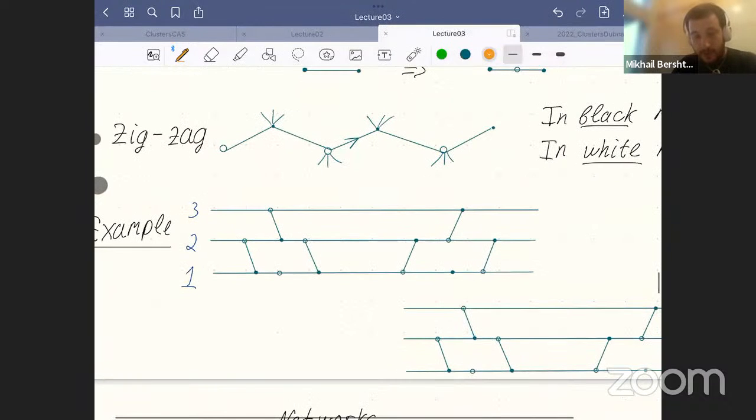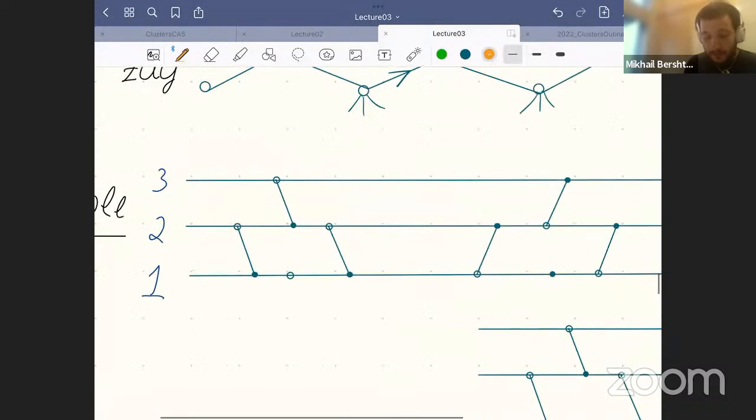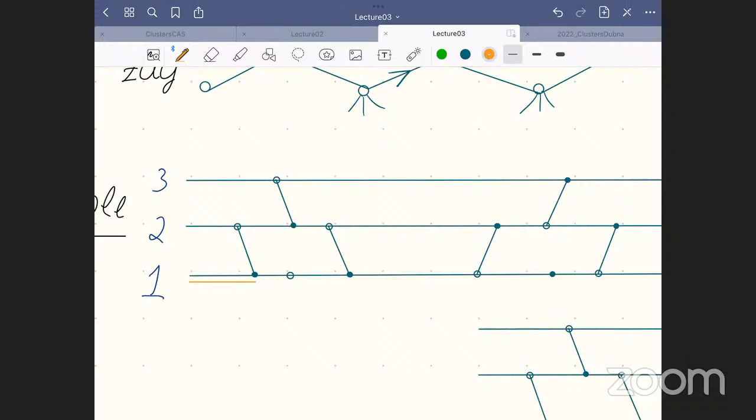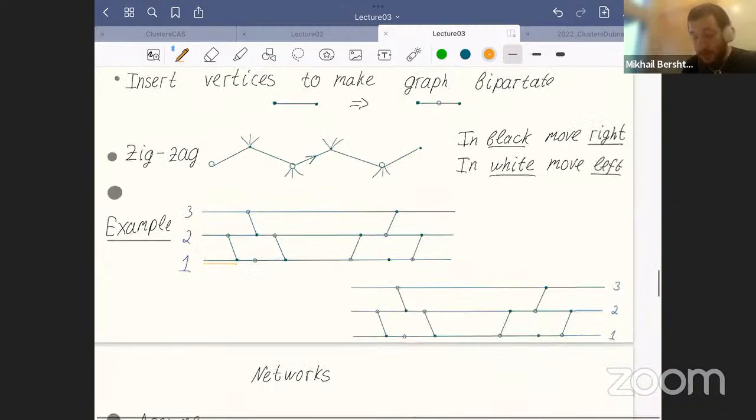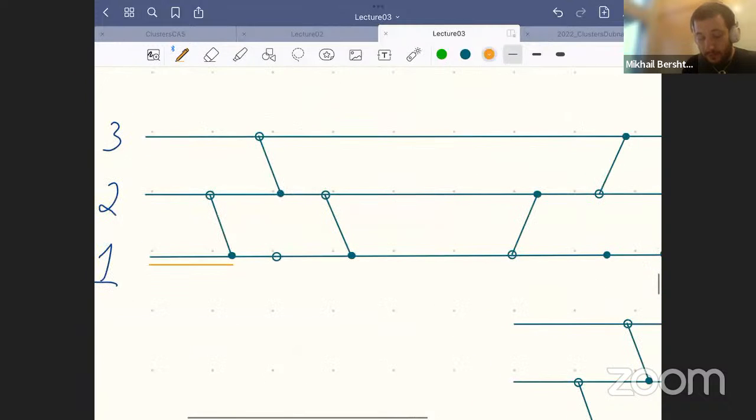For example, let me start from vertex 1. I start. Then you see a black vertex. On black, I go right, so nothing. White vertex, I go left, but this is a vertex of degree 2, so again nothing. Black, go right, again nothing.